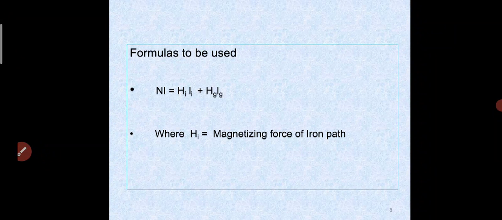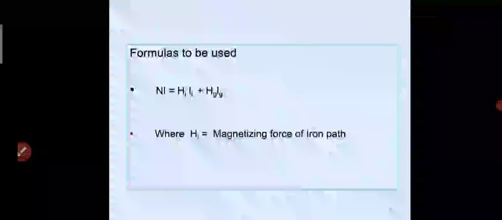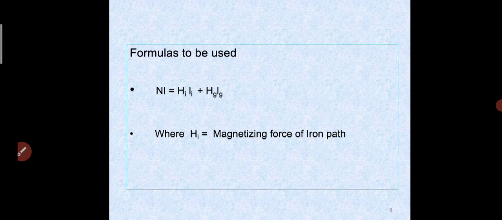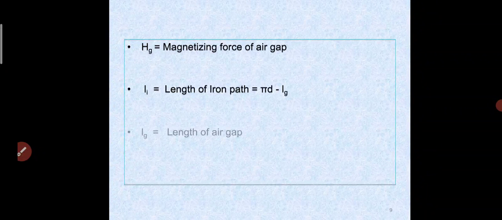Formula to be used: Ni is equal to Hi Li plus Hg Lg, where Hi is the magnetizing force of the iron path, and Hg is the magnetizing force of the air gap.